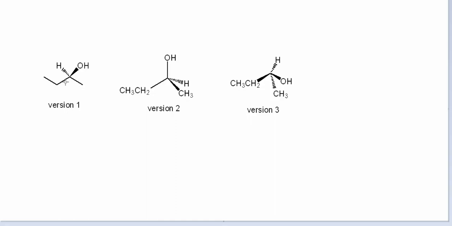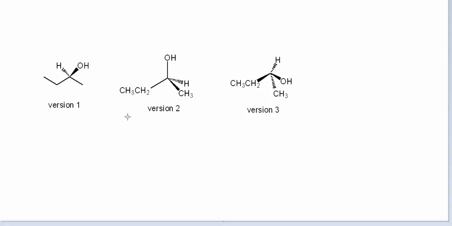The other two bonds are normal line segments in the plane of the drawing. This is the most common type of 3D wedge drawing used for chirality centers. One bond is a dash, the other a wedge, and the remaining two bonds are lines in the plane of the drawing.